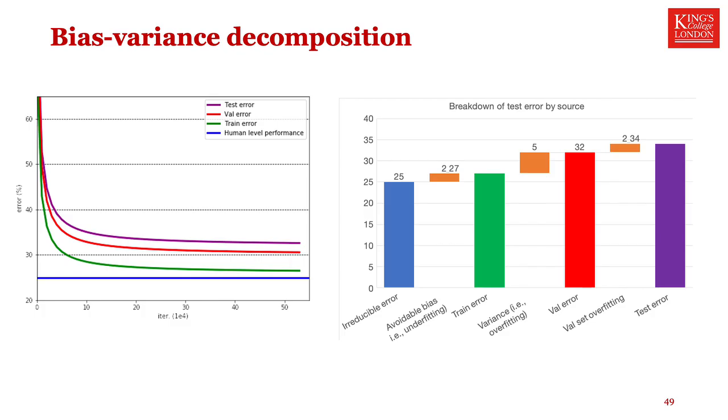Between your train error and your val error, what you're measuring is your variance, so your overfitting capacity. So if you're training on a certain training set and you're validating on a different data set, the difference in performance between train and val is going to tell you how much you've overfit to your data. So if you did a good job and you are not overfitting, then you expect this difference to be zero, and it can be zero.